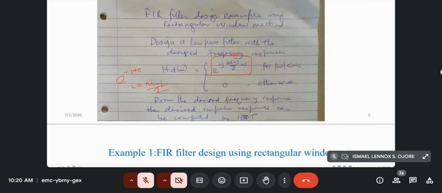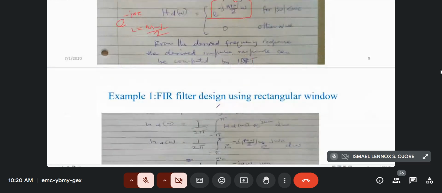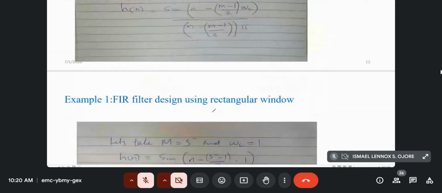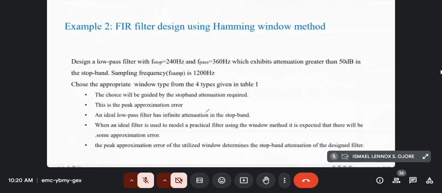Or you may not be given this omega, the normalized frequency. You may be given, like we have done here in this format, design a low pass filter with f-stop 240 Hz and f-pass 360 Hz.